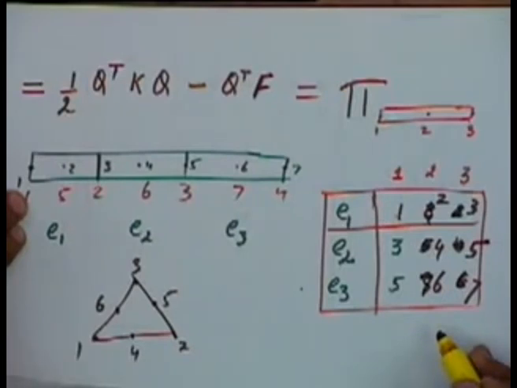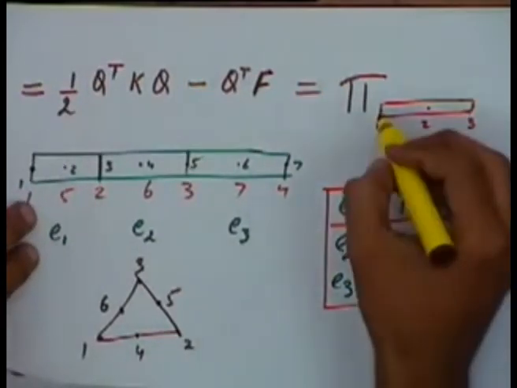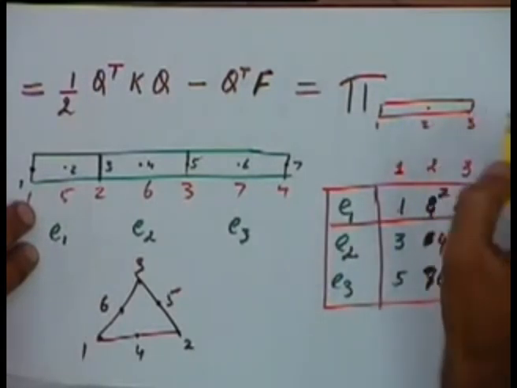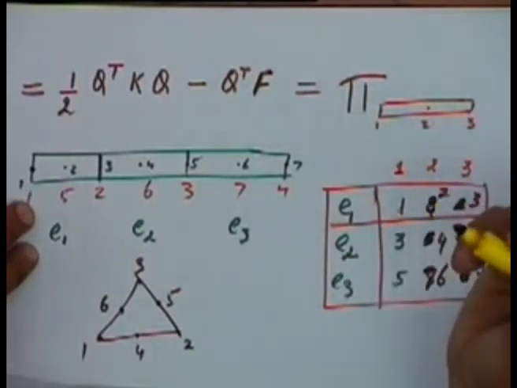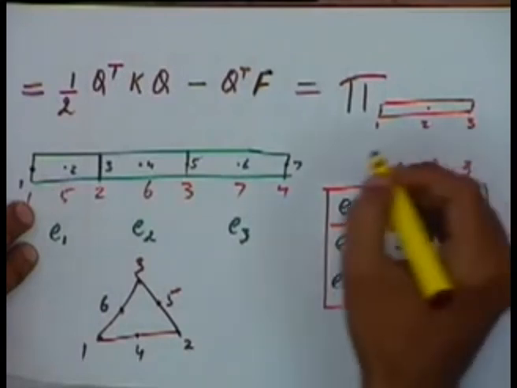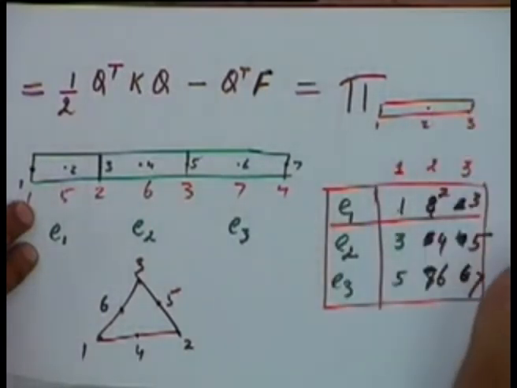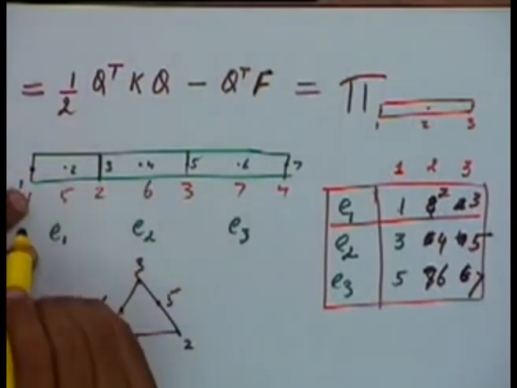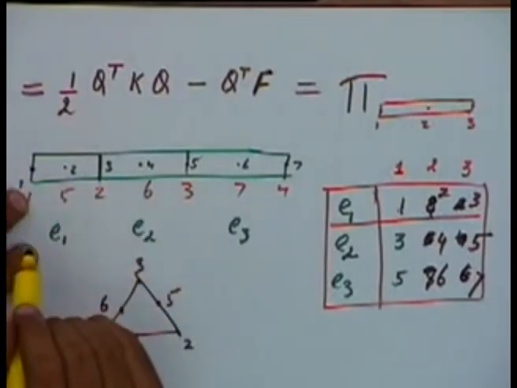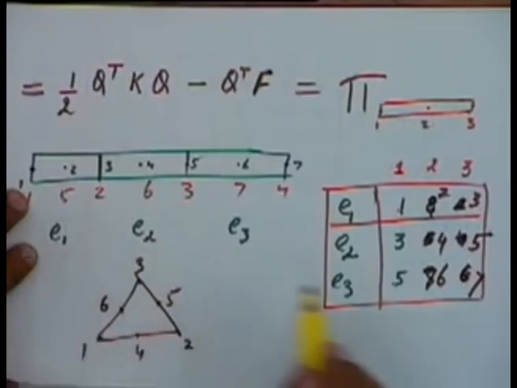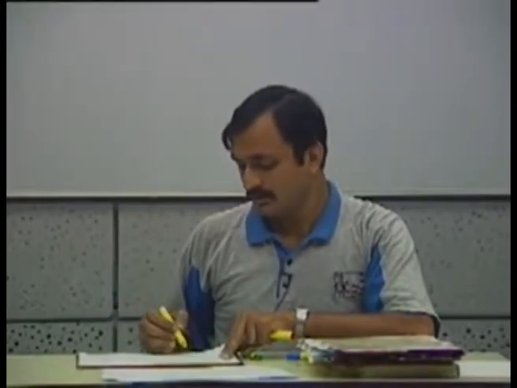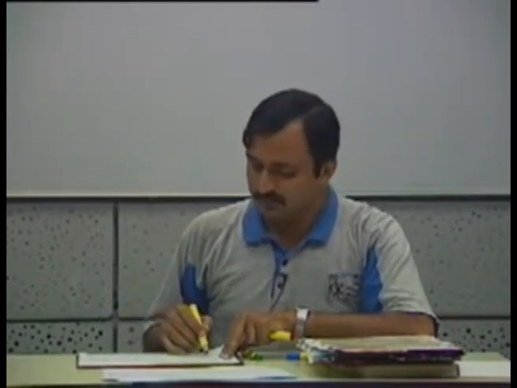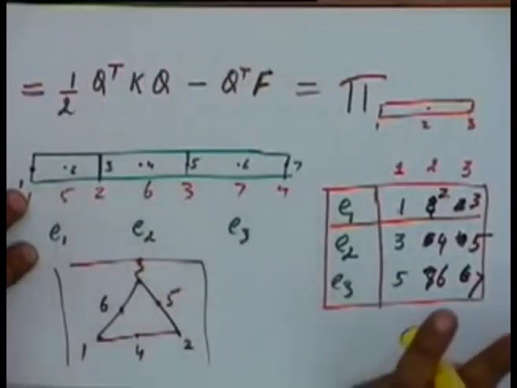But typically when an element is defined, eventually it basically comes down to the fact that it is by tradition that you always number 1, 2, 3, 4, 5, 6 in a sequence in this element. Anyway, this will come up when we come to two-dimensional elements.